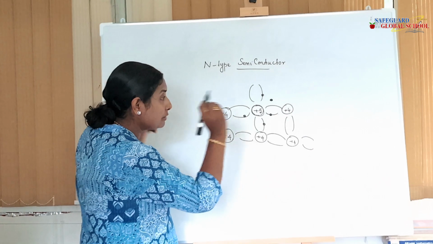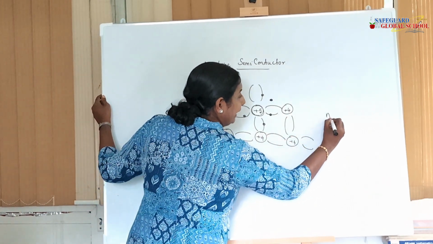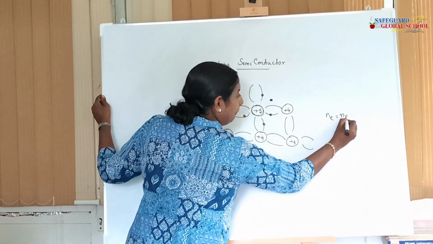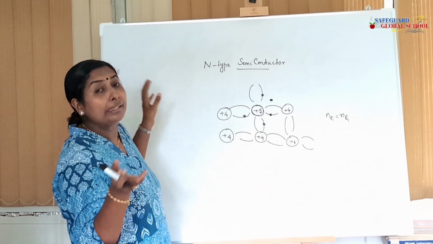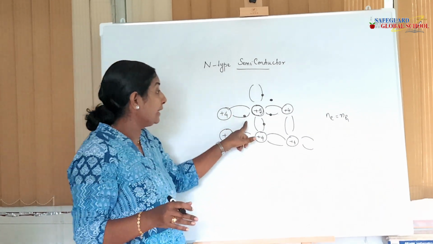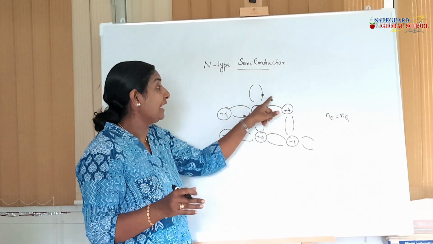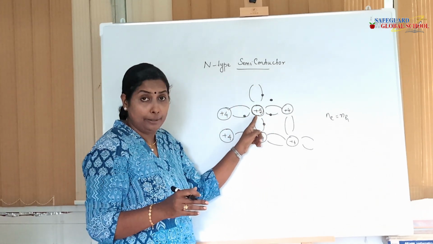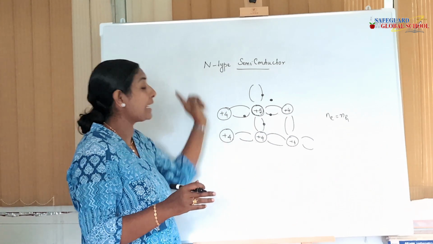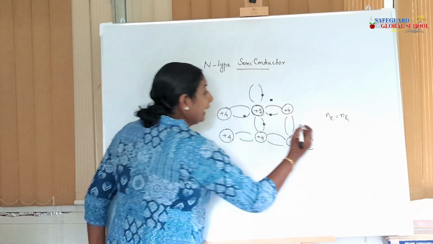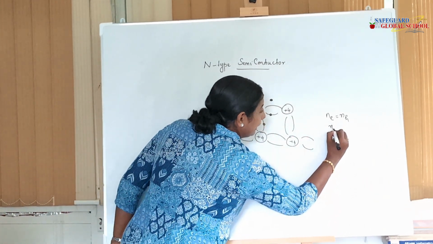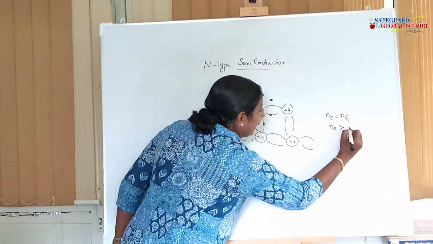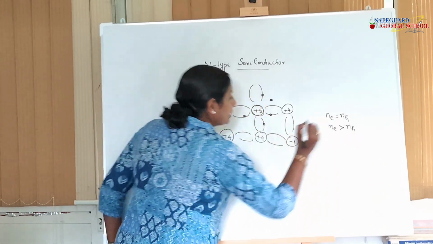In an intrinsic semiconductor, we know that Ne was equal to NH. The number of electrons was equal to the number of holes. But in this case, as an extra electron is given out by a pentavalent impurity, and this happens at many sites in the crystal, inside an N-type semiconductor the number of electrons will no longer equal the number of holes.